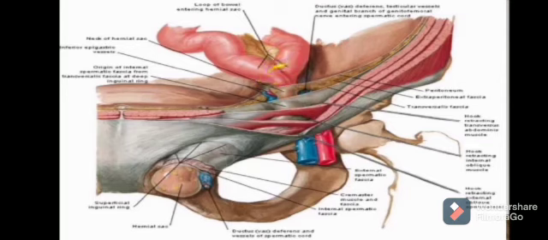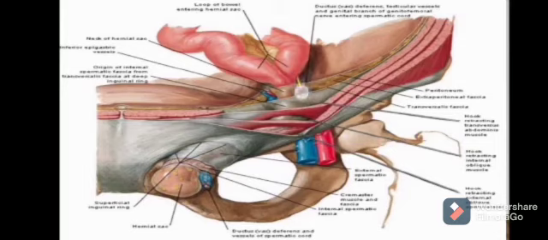And you can see the part of the loop of the bowel, it is entering the deep ring along with the spermatic cord, and it is following the same course as spermatic cord, and then it is exiting the superficial ring, and then it enters your pelvic cavity or the perineum.